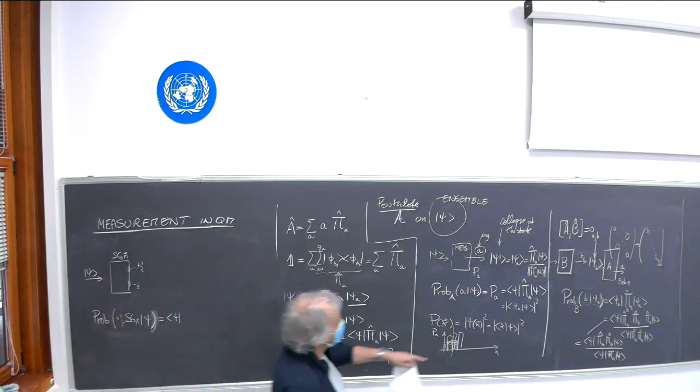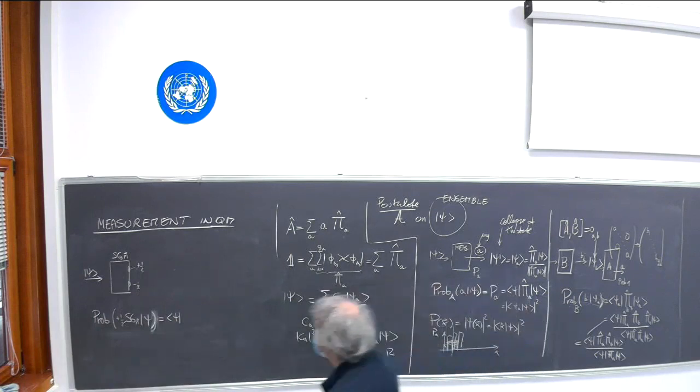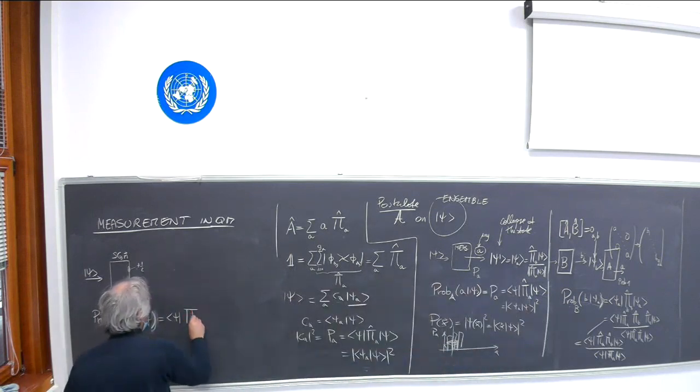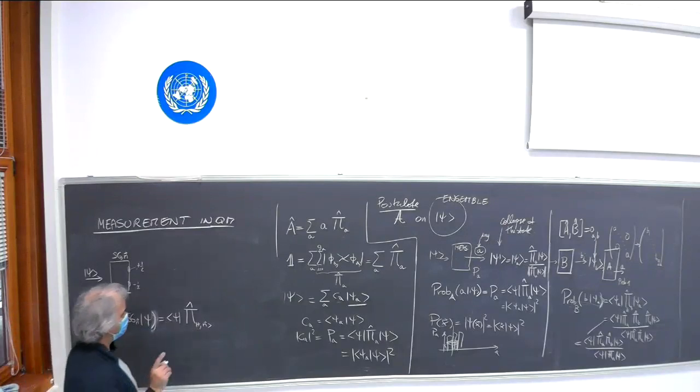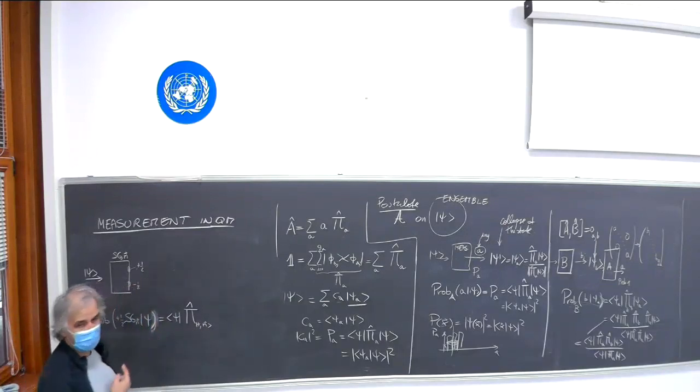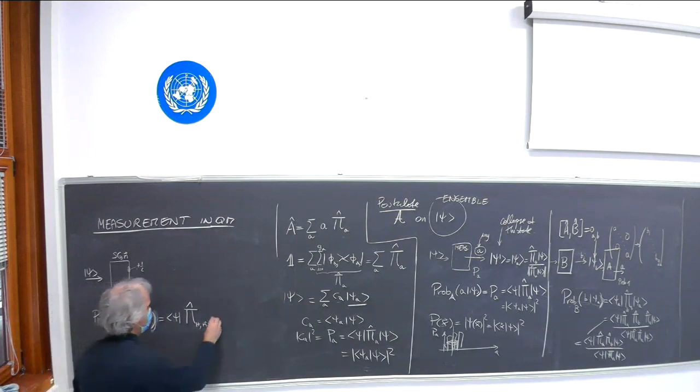Let's look at this expression. It is the projector on the state plus n. Remember this projector on the state plus along n. We commented last time that the phase ambiguity on the state disappears.